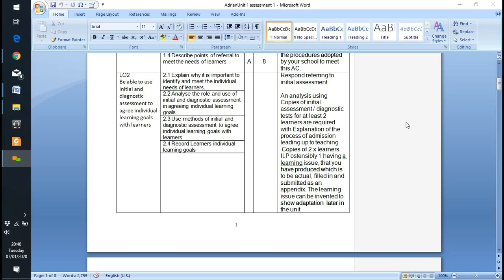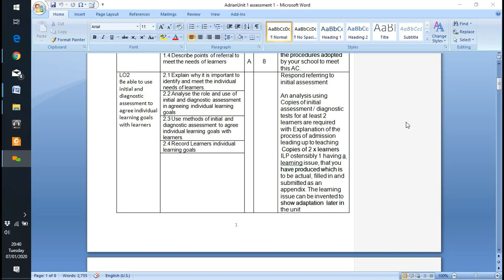So a diagnostic will be done with, say, apprentices, but for ordinary trainees that are not on a specific program, they're doing a course, then the initial assessment is to assess their initial skills, what their basic skills of reading and writing are, and their ability in the area that they're going to be trained in. What they're going to bring with them already.